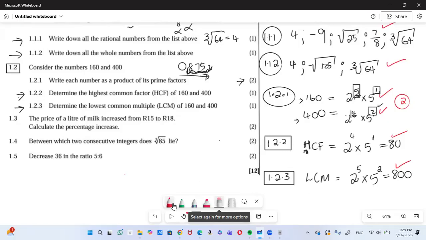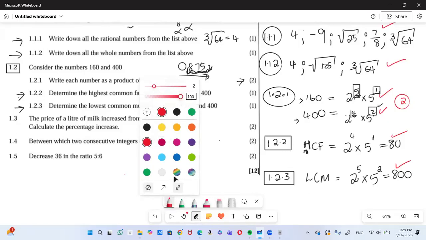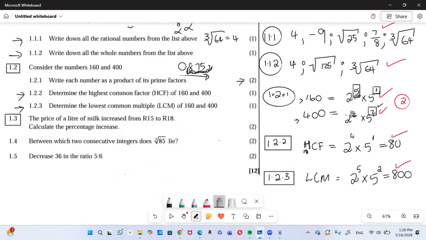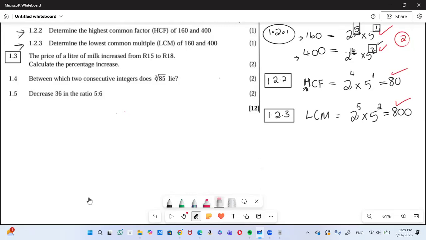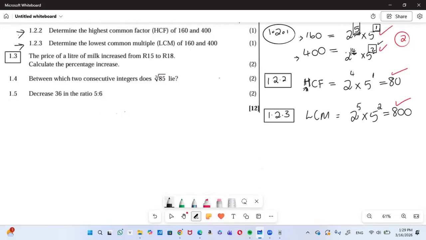Okay, so now let us go to 1.3. 1.3 says the price of milk increased from 15 rand to 18 rand.